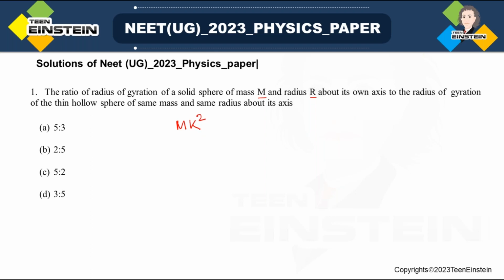It's a distance where the moment of inertia will be exactly equal to... it is defined in this way, that the radius of gyration is a distance where the whole mass is considered to be concentrated, and the moment of inertia of that object about its own axis will be mK squared, if this K is the radius of gyration.